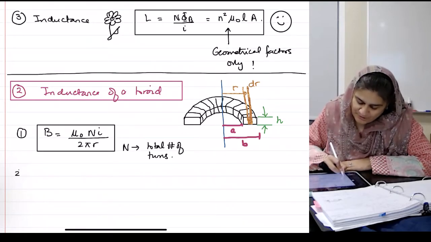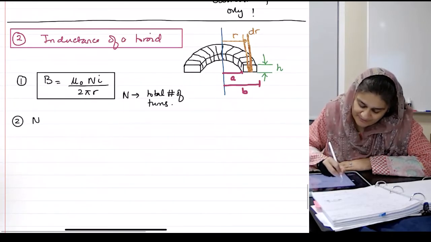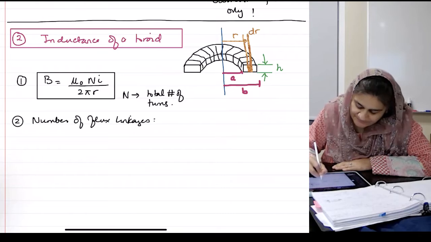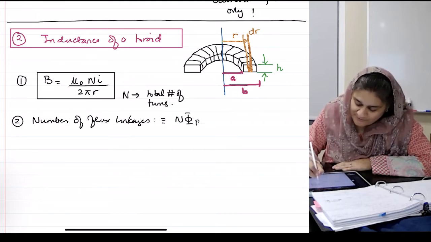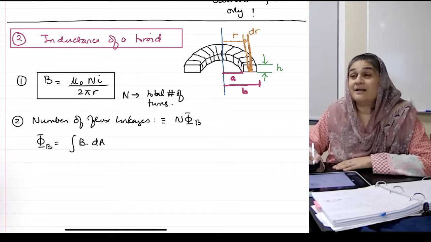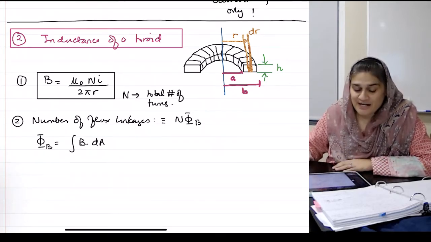Step 2, we are supposed to find the number of flux linkages, which is defined as N phi. But in order to find phi, we need to do integration, because unlike the solenoid case, this actually changes.